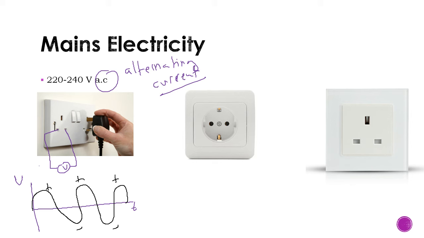Sometimes this is positive and negative, so the current flows this way, and sometimes it flows back the other way. We call this an alternating current.